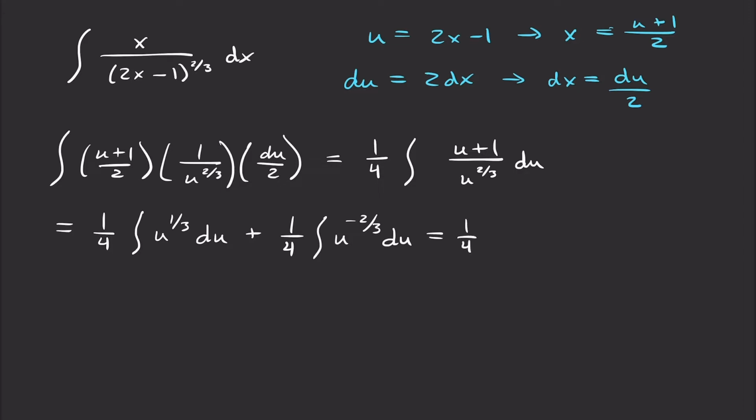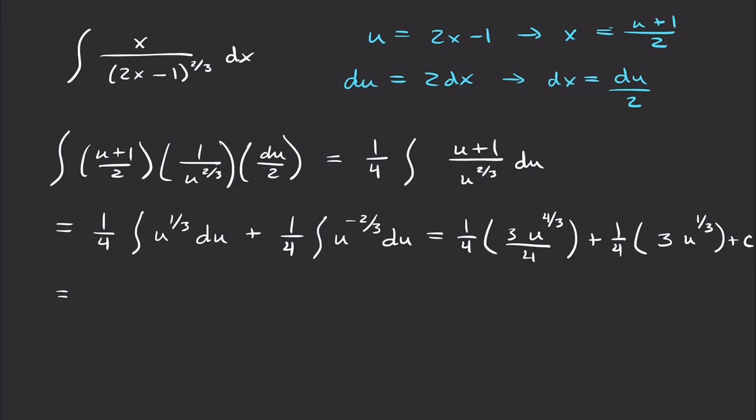So we get 1/4. We're going to increase our exponent to 4/3, so add 3/3 or 1, and then that's multiplying by 3 over 4, and then plus 1/4. Our u will be raised, we'll increase it by 3 over 3, so it'll go from minus 2/3 to 1/3, and then dividing by 1/3 is the same as multiplying by 3, and we'll add our plus c.